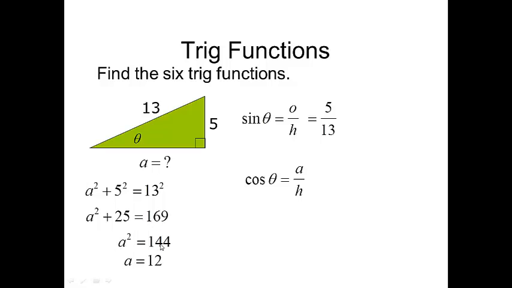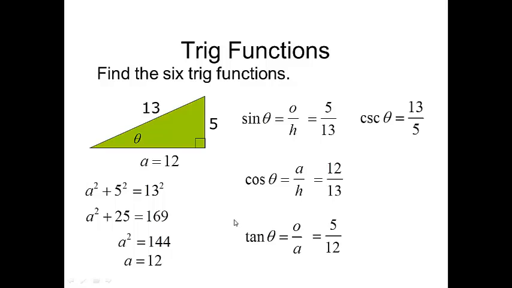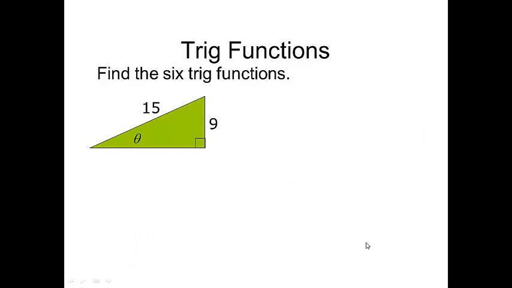A squared is equal to 144, and a is equal to 12. So now the adjacent to the angle would be 12 thirteenths. Tangent is opposite over adjacent, 5 over 12. Cosecant, 13 fifths, the reciprocal of sine. Secant would be 13 over 12, and cotangent is 12 fifths.